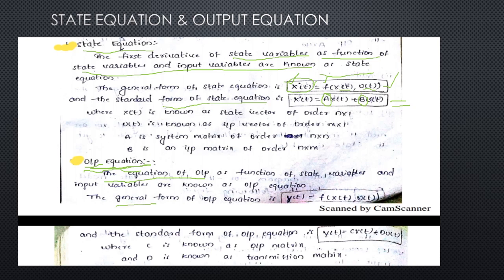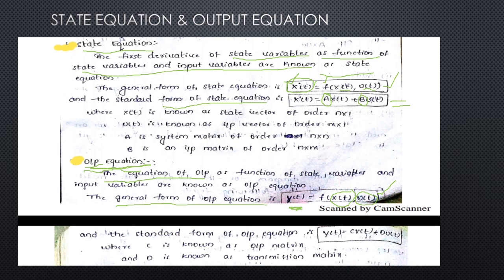So the general form of output equation is given by y of t is equal to f of x of t comma u of t, where y of t represents the output vector in which the elements are nothing but the output variables. x of t represents the state vector in which the elements are nothing but the state variables. u of t is nothing but the input vector in which the elements are nothing but the input variables.